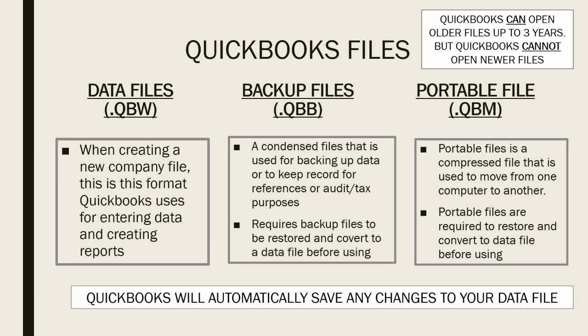So that's why when you're creating a backup, you're not really saving space. You're just creating the same copy of a working data file. A portable file is what's going to make you save a little space and time on your desktop.